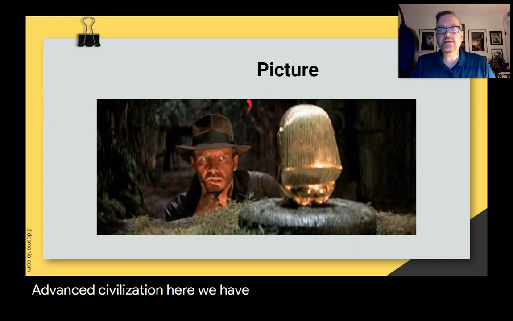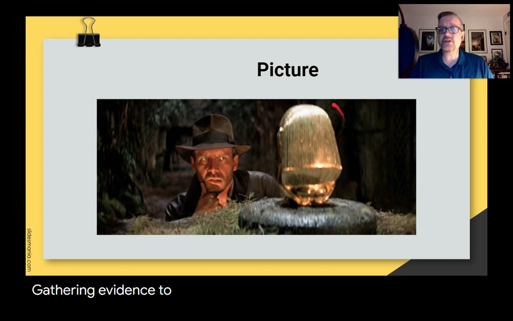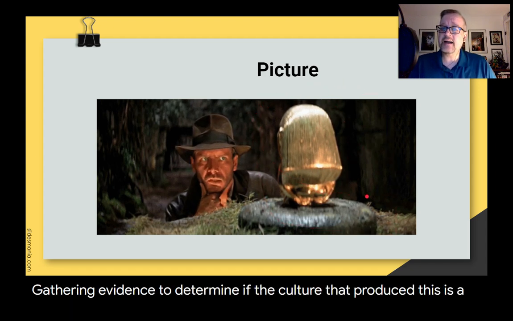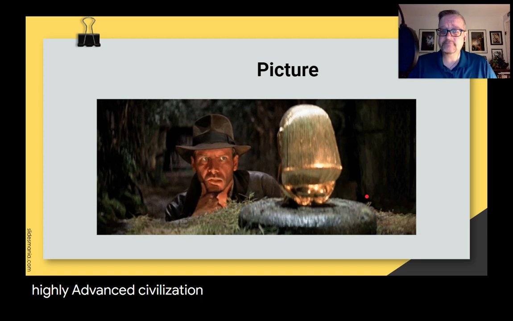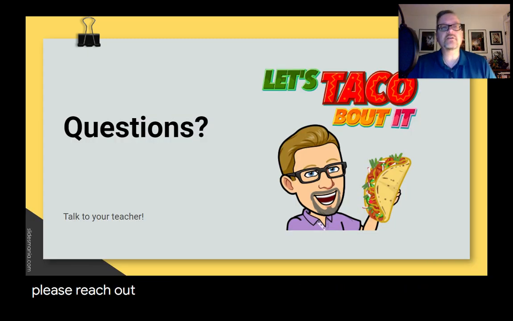Here we have a historian, played by the actor Harrison Ford, who is studying an artifact. He's making observations, he's gathering evidence to determine if the culture that produced this is a highly advanced civilization. Spoiler, it was.